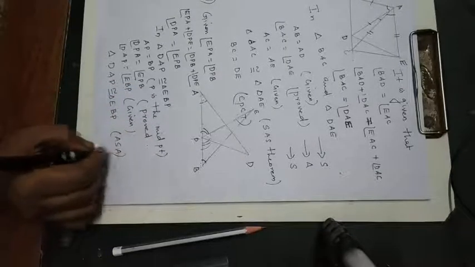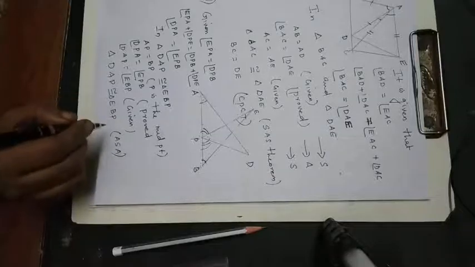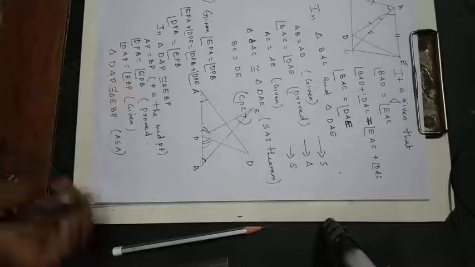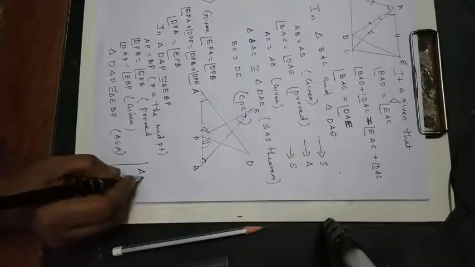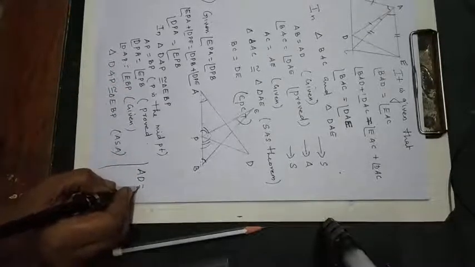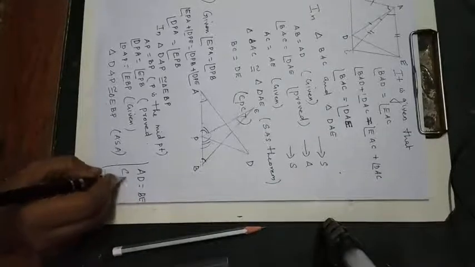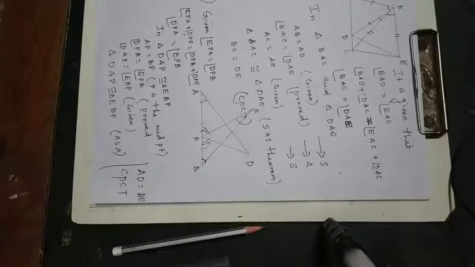So by ASA theorem, these two triangles are congruent. Now what you have to prove? AD is equal to BE, that is corresponding parts of congruent triangles.